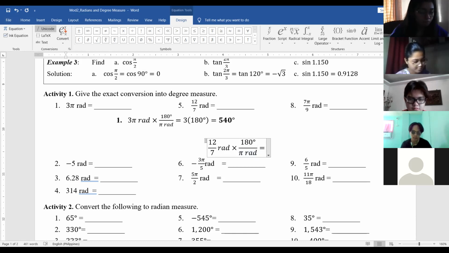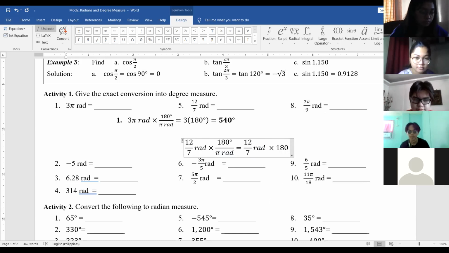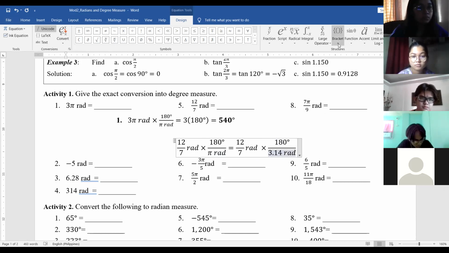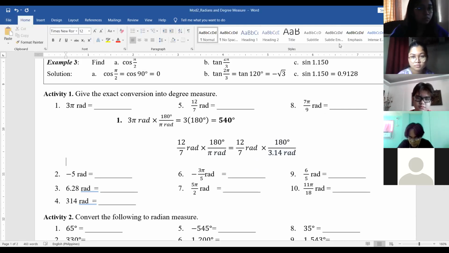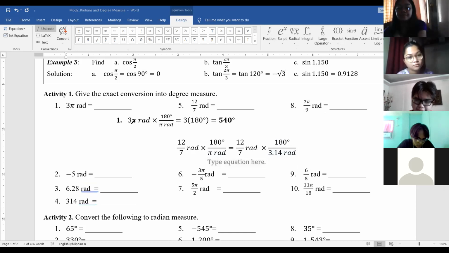So before we proceed with the solution, allow me to simplify first the conversion of pi radian as 180 degrees over 3.14 radian. Because you cannot cancel any value in the solution, unlike the previous solution where we can cancel pi and radian, leaving 3 times 180 degrees. But here, we don't have the value of pi that we canceled.